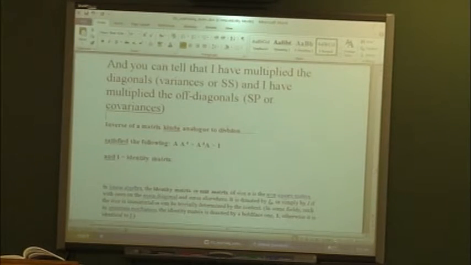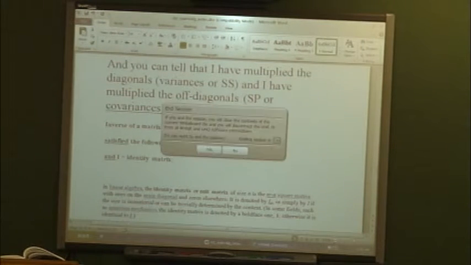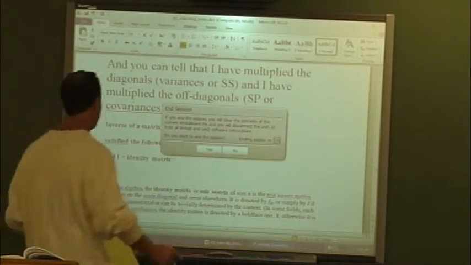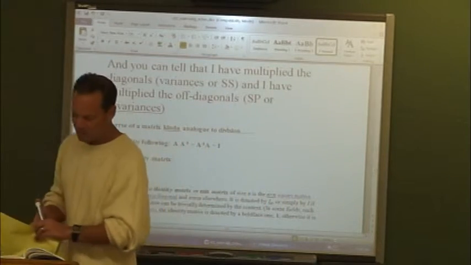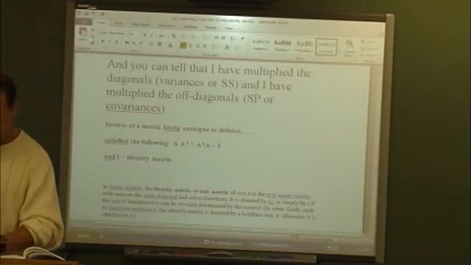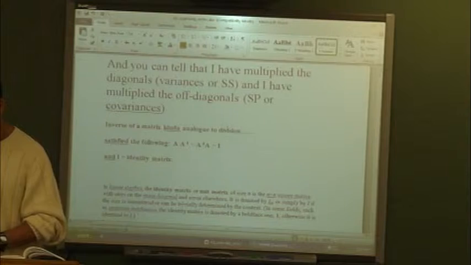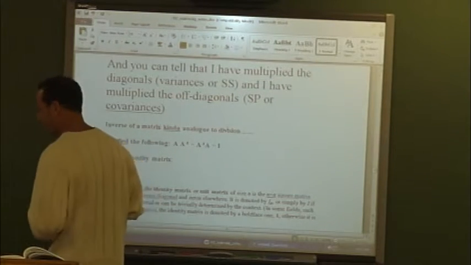There it is. The determinant is 3, and you may see a different notation. That's the determinant of a matrix. Any questions on that so far?